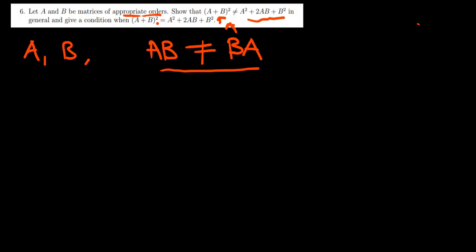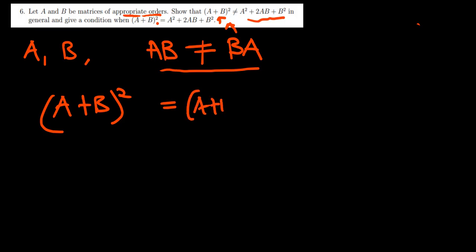So I'm going to say (A plus B) squared is equal to, this (A plus B) squared is the same as (A plus B) multiplied by (A plus B). So now let's multiply.